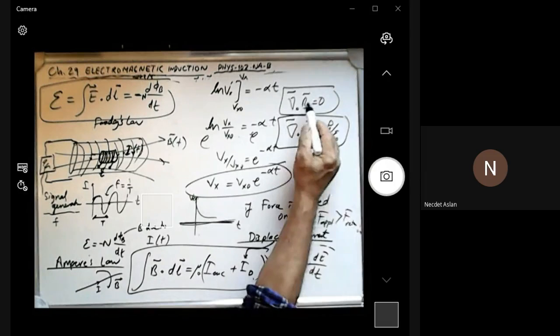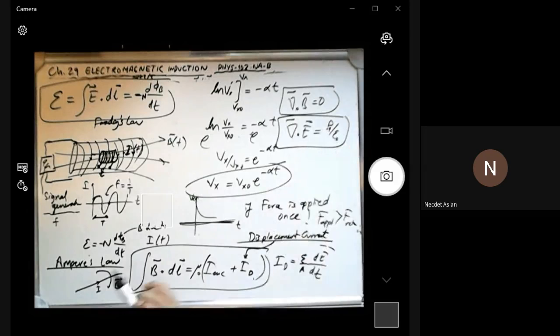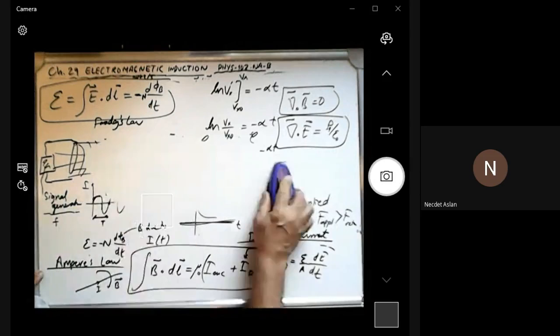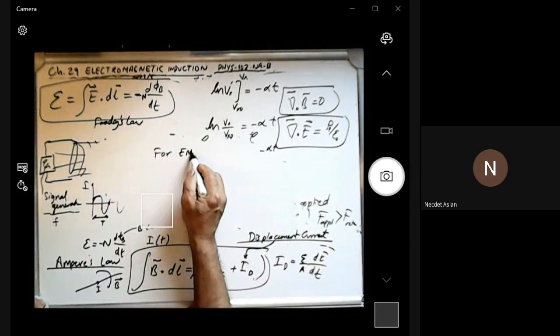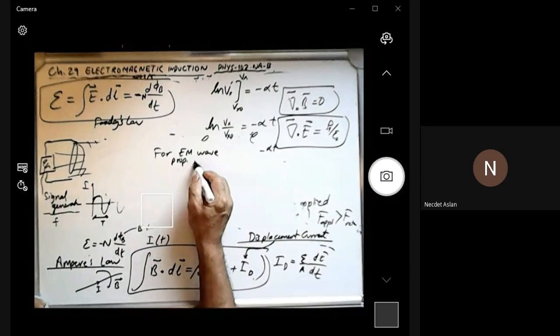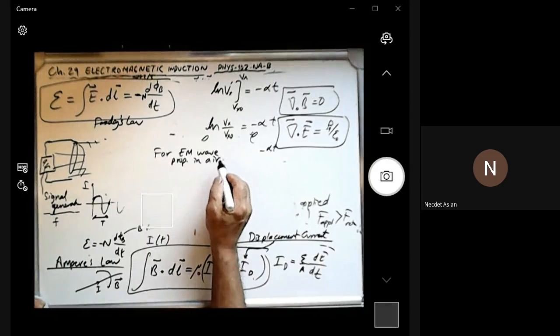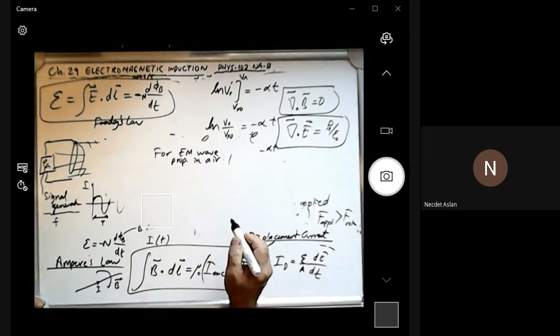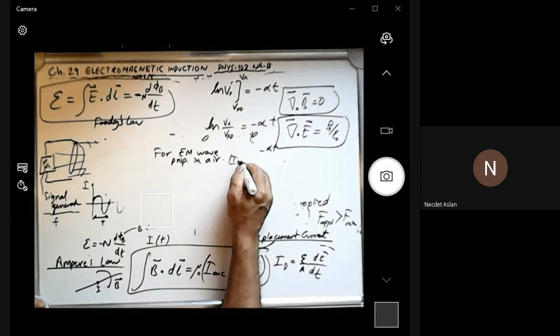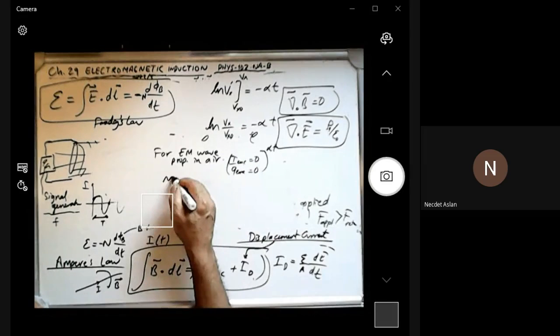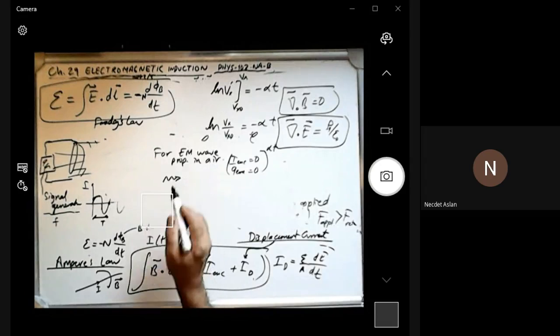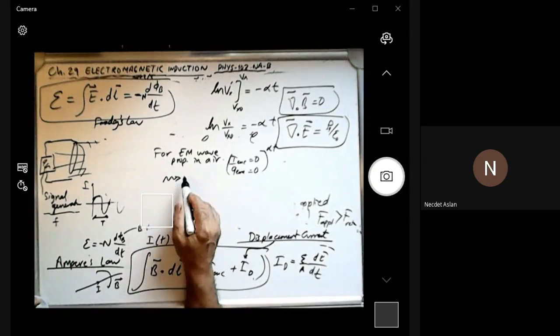So divergence of B and divergence of E are 0 for empty space, or just for electromagnetic wave propagation. In air, for instance, it means that the enclosed current and Q enclosed are 0, because it's just an electromagnetic wave moving in air.